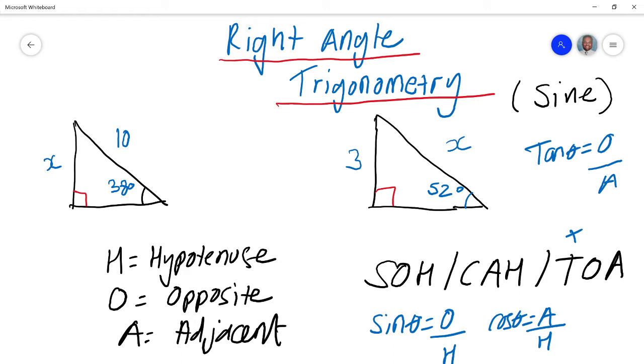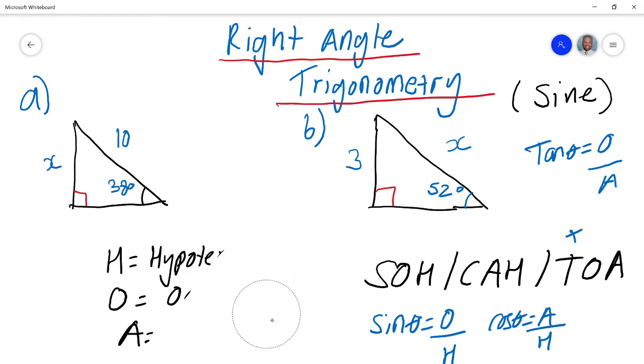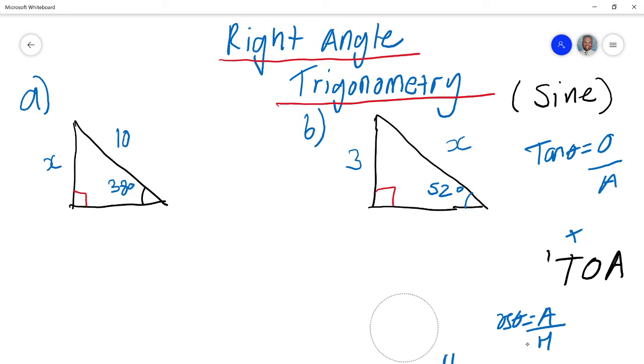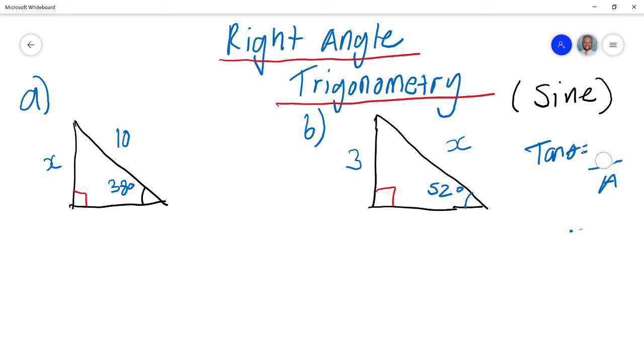All right, so what I'll do here is I'll rub this and then we'll go and solve question A and question B. All right, so like I said, always remember when you're solving questions, you need to identify what information has been given, and from that information, how can we find what is required in the question. All right, so let's look at question A here.